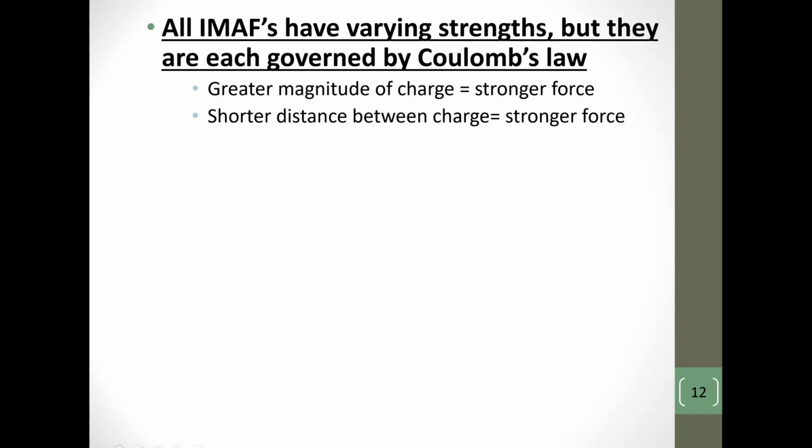Okay, so all intermolecular attractive forces have varying strength, but they're all governed by Coulomb's law, meaning the greater the magnitude of the charge, the stronger the force is. So if you have greater polarization, you get greater magnitude of charge, you get stronger attractive force. If they can get closer to each other, you get a shorter distance between the charges and you get a stronger force.